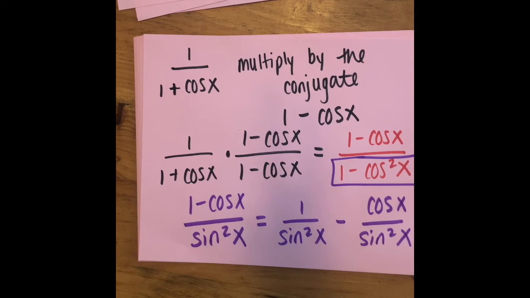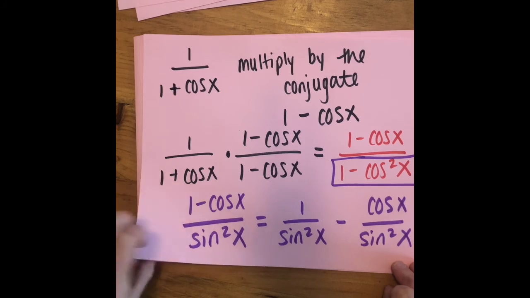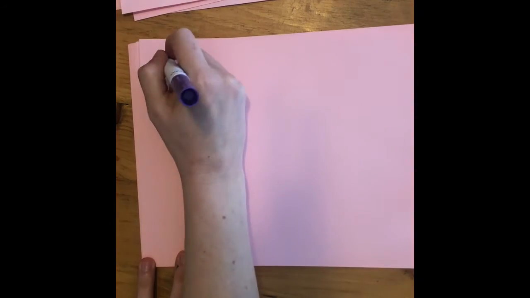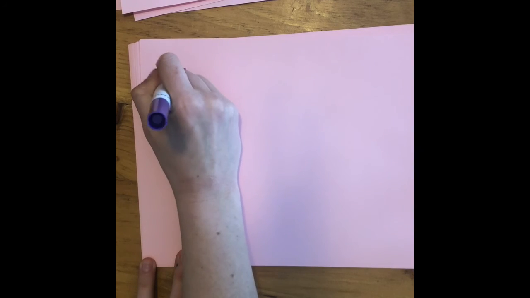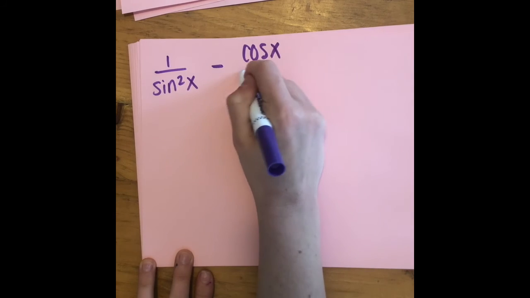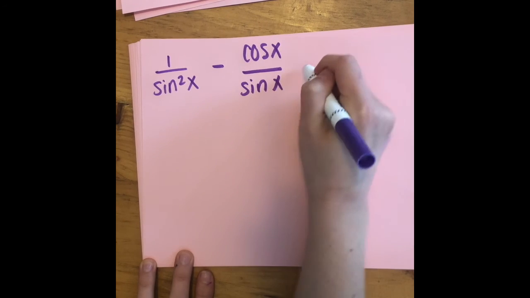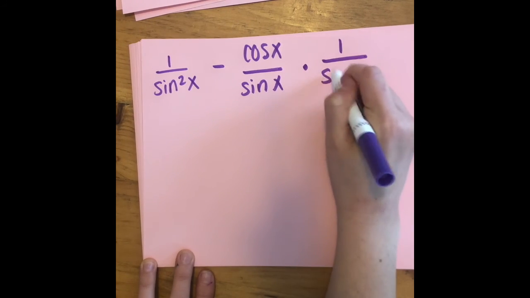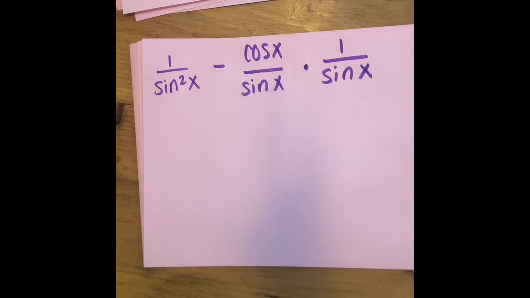Well, I can rewrite this even more. 1 over sine squared of x minus cosine of x over sine of x times 1 over sine of x. So again, we're just rewriting even more.